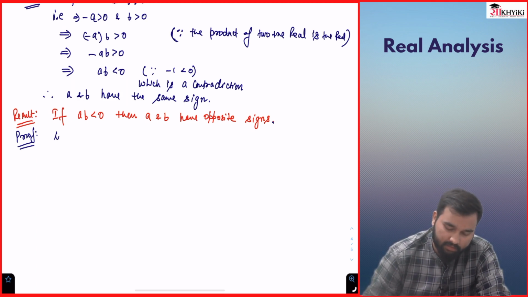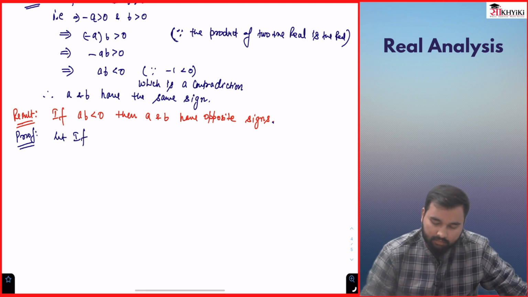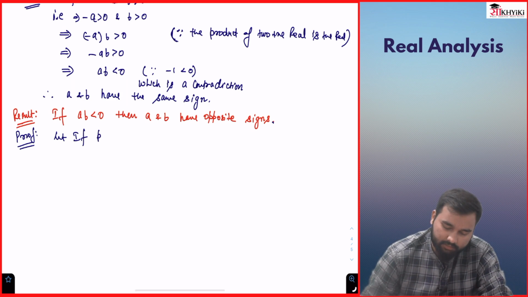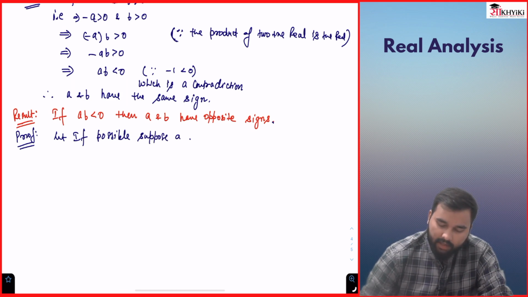Let, if possible, suppose A and B have same sign.